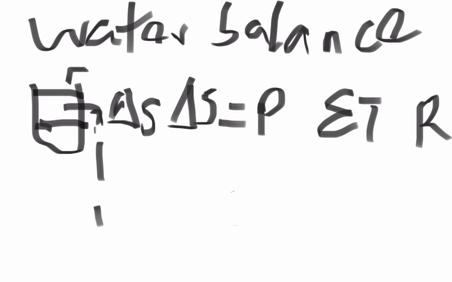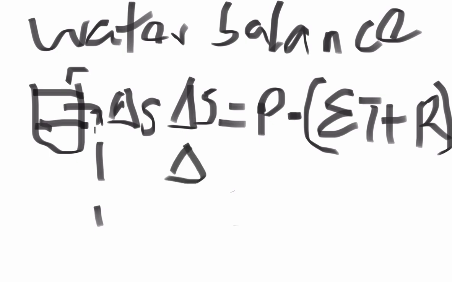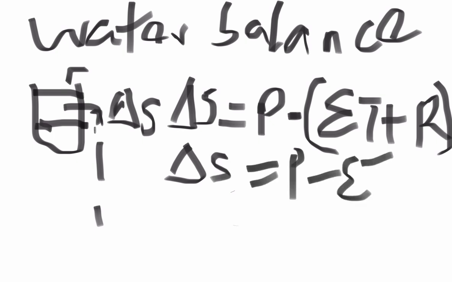So let's say precipitation is the water inflow, minus the water outflow, which is evapotranspiration and runoff. So this is our water balance equation. We can also write it as change in S equals P minus ET minus R.